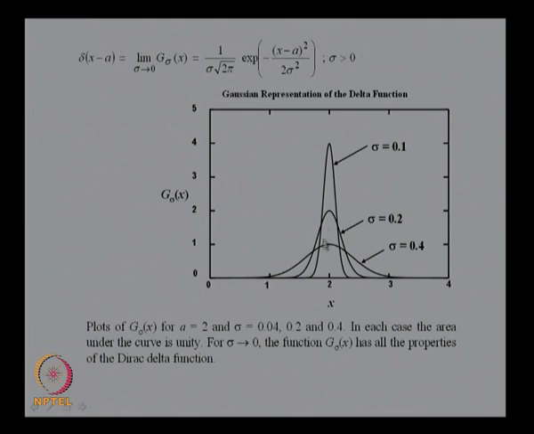If you make it even smaller, 0.01, it will become taller and sharper. So, for sigma tending to 0, the function g sigma of x has all the properties of the Dirac delta function. So, this equation at the top is known as the Gaussian representation of the Dirac delta function.